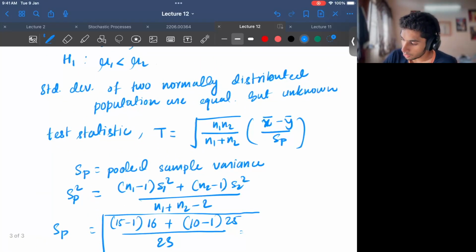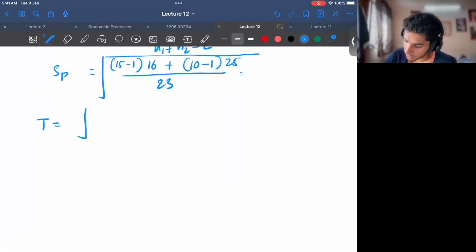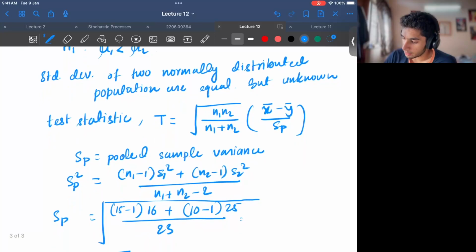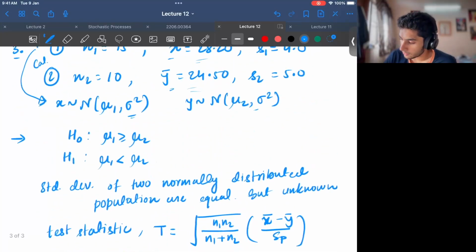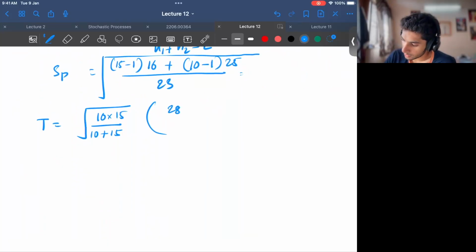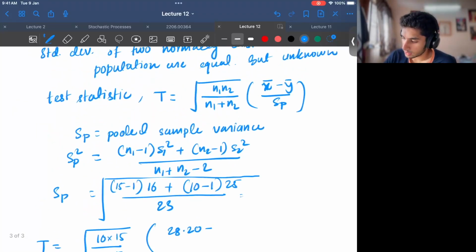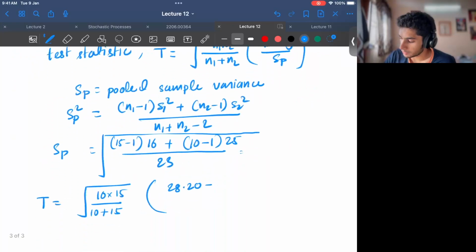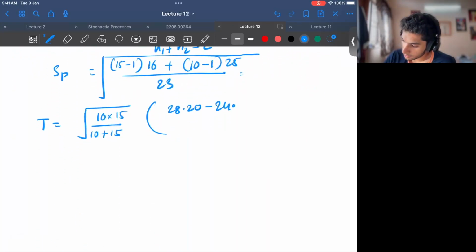T will be root over n1 n2 over n1 plus n2, root over 10 into 15 over 10 plus 15, into x bar minus y bar. X bar, what was it? X bar was 28.2, minus y bar, what was y bar? 24.5, divided by sp. sp is this thing.